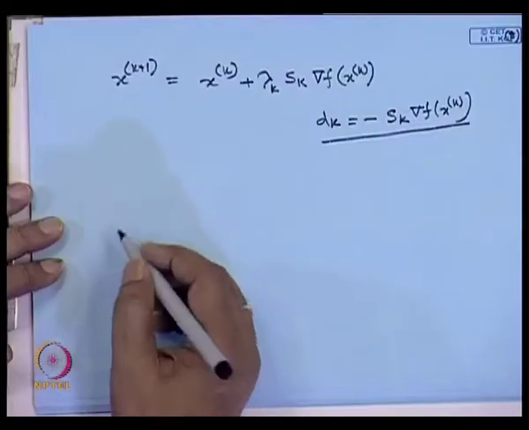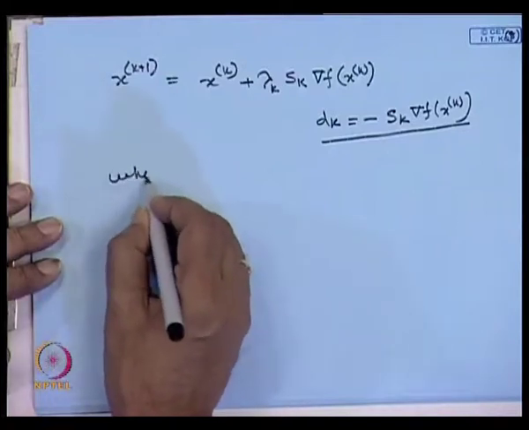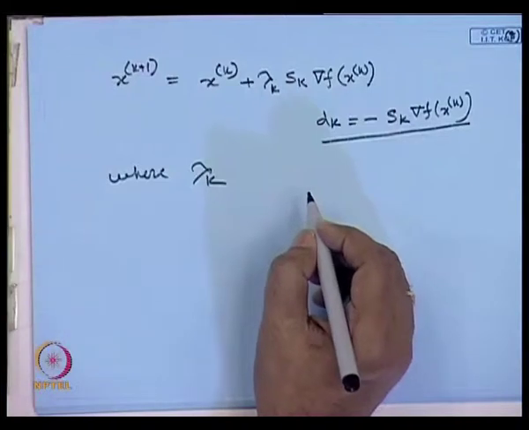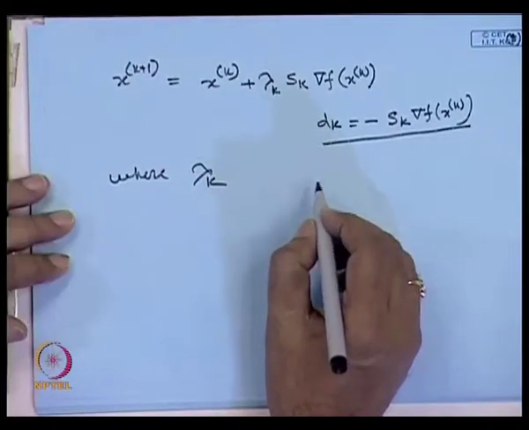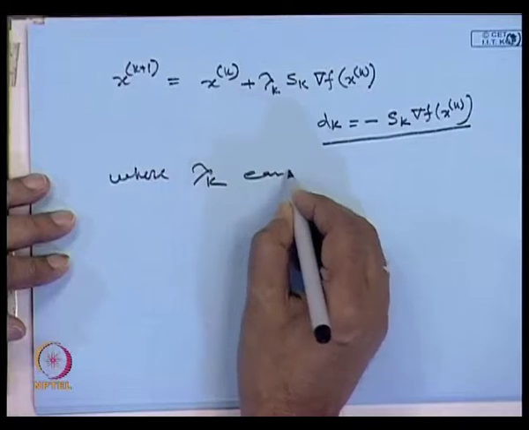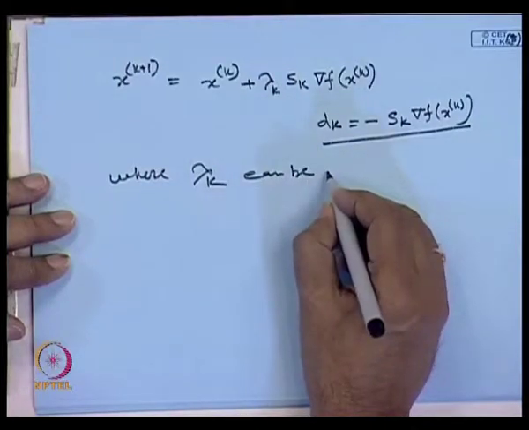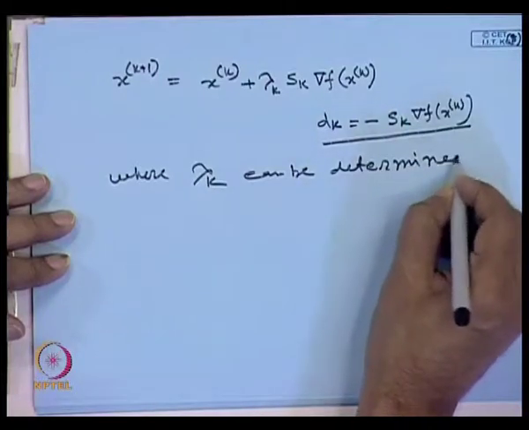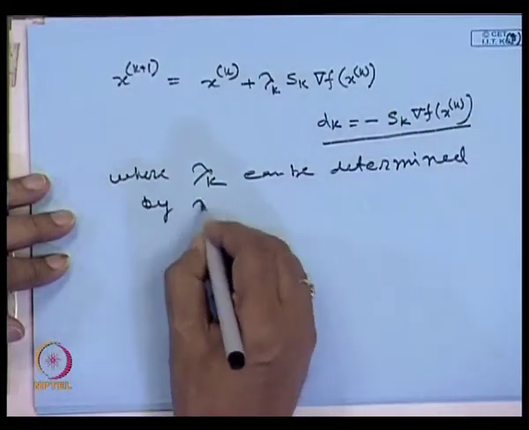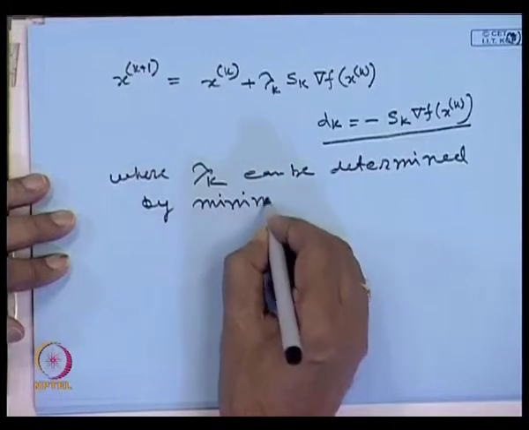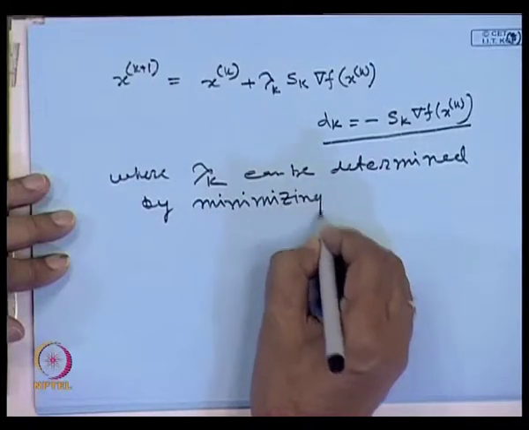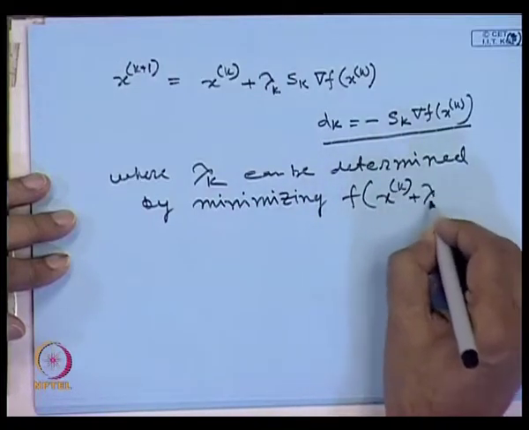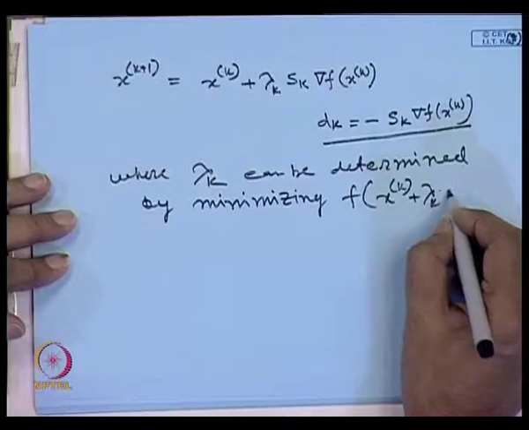Where lambda k can be determined by minimizing the function f of x superscript k plus lambda k times d k.